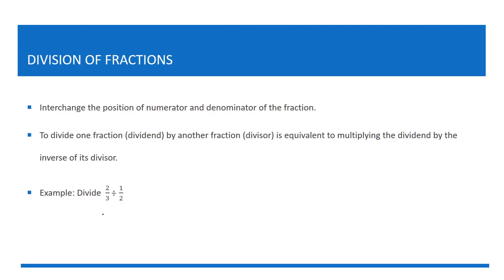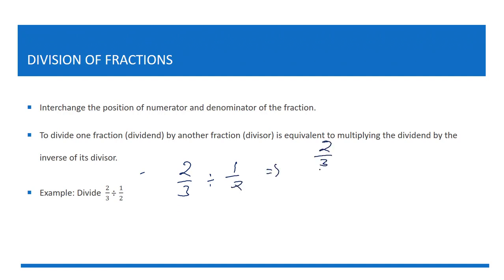In the case of division, what you need to do is interchange the position of the numerator and denominator of the fraction. To divide one fraction, the dividend, by another fraction, the divisor, is equivalent to multiplying the dividend by the inverse of its divisor. Let us check this: 2 by 3 divided by 1 by 2. They may also give it in this way.